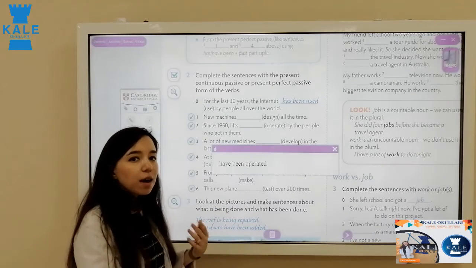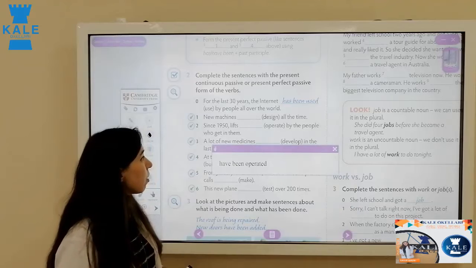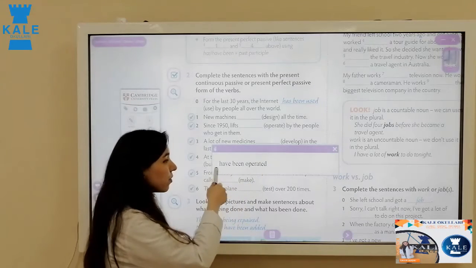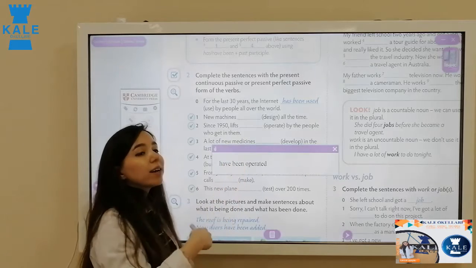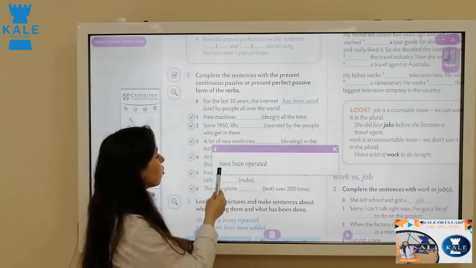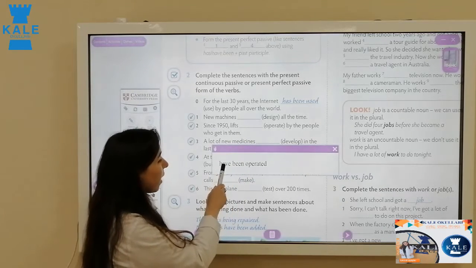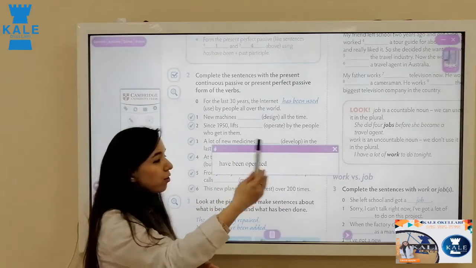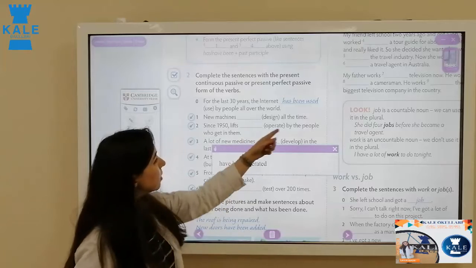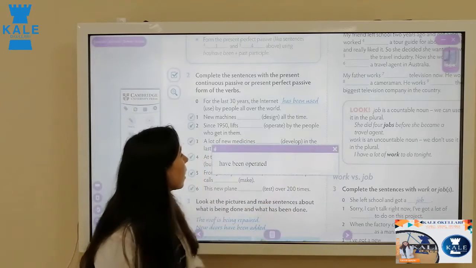Yes, every day some new lifts, new methods are operated. So, because it's not finished, we need present perfect. And because here we need to write passive form, we are going to write have plus been. Why have, not has? Because more than one. Lifts, 2, 3, 4, have been operated by the people.